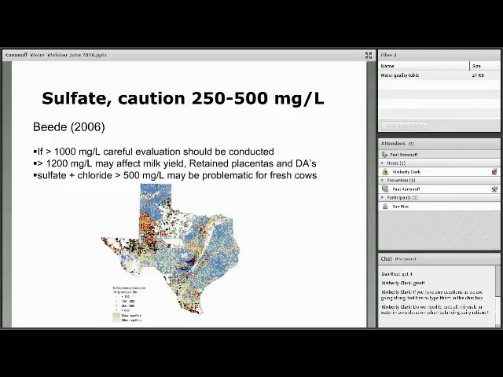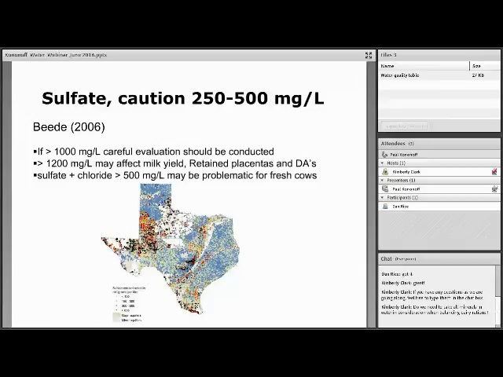Well, Dave Beatty from Michigan State has made some recommendations for fresh cows. I will say these are great recommendations, but they're really not well supported by research itself. But his recommendation is that anything greater than 1,000 milligrams per liter should invoke a fairly careful evaluation.